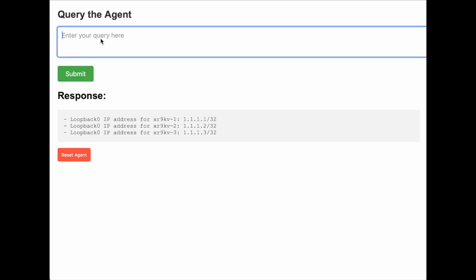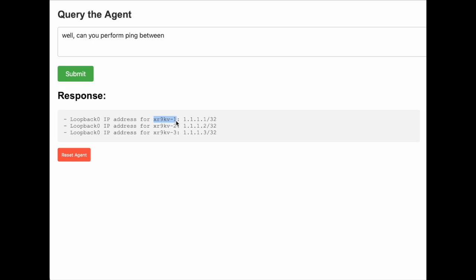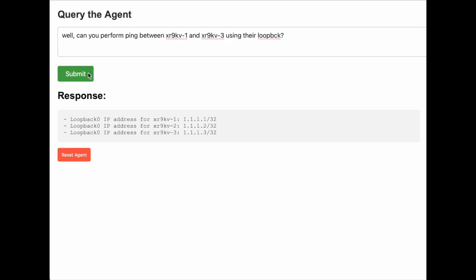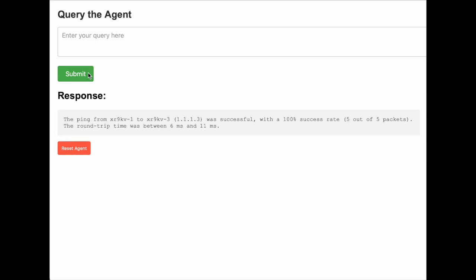Okay, well, can you perform a ping between 1 and 3 using their loopback? Pretty good.